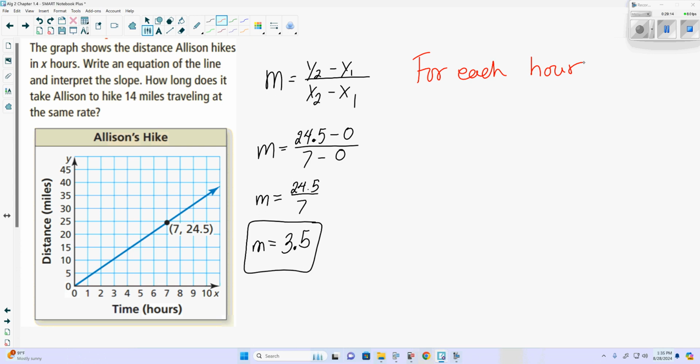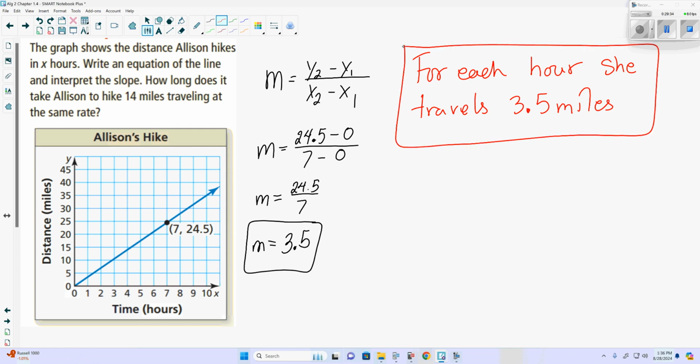So our amount of time is just 1 hour. For each hour, she hikes how far? 3.5 miles. There we go. We've interpreted the slope.